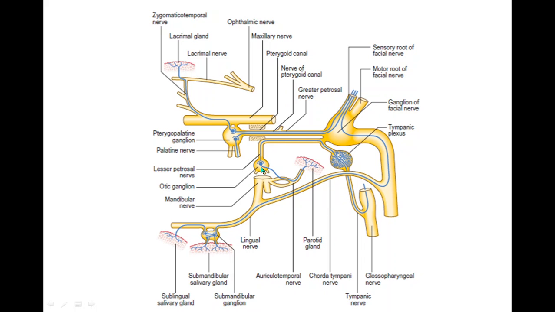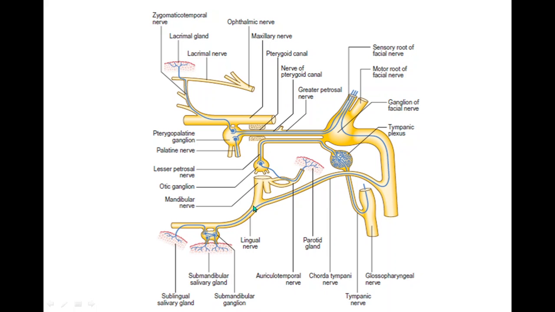It comes and relays here, and from there the postganglionic fibers run through the auriculotemporal nerve, which is a branch from the mandibular nerve. Then the postganglionic fibers reach the parotid gland. That's how the parotid gland receives its secretomotor fibers. Functionally these fibers are not associated with the trigeminal but with the glossopharyngeal.